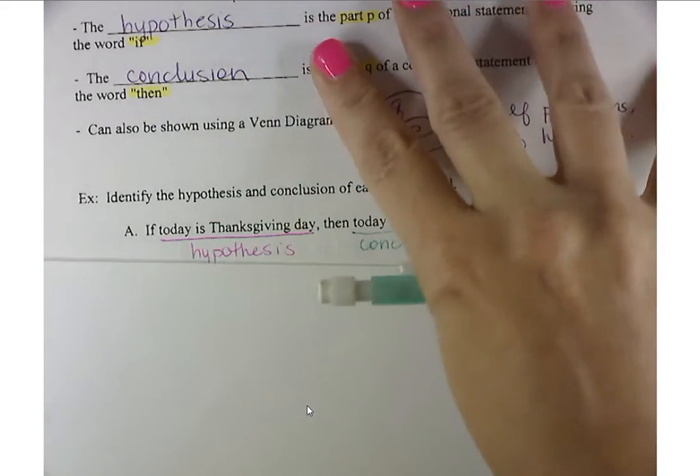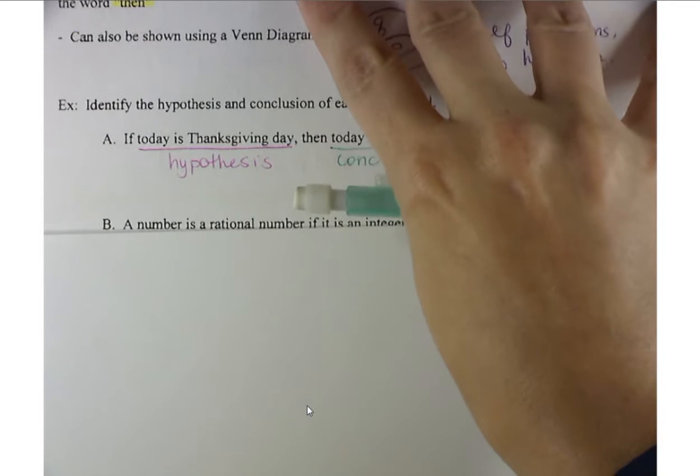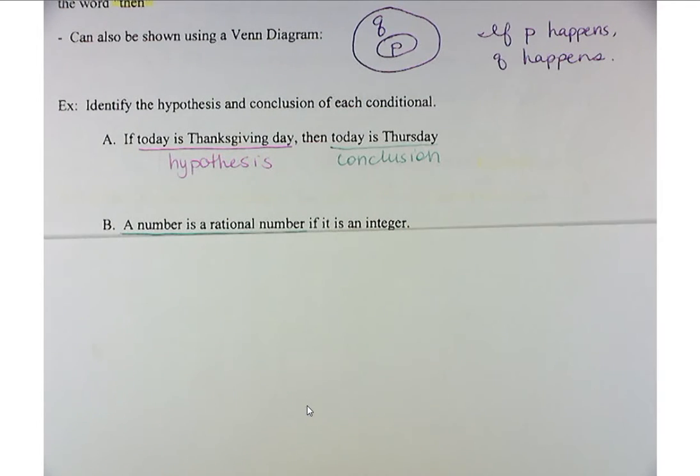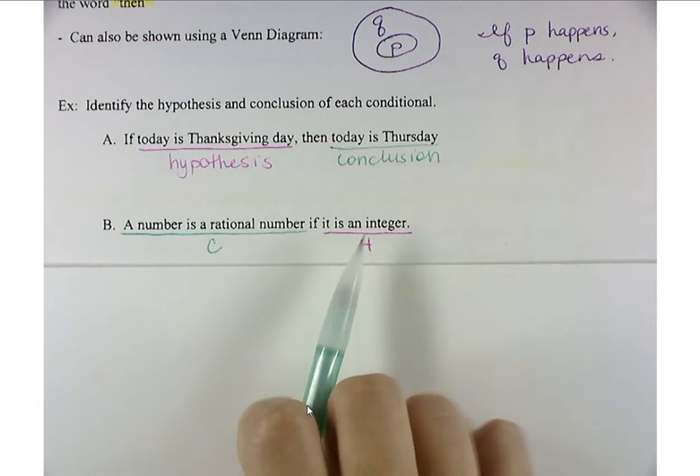All right, now for B, this one's a little bit different. Again, remember that your hypothesis is following the word if. So when you read that statement, see if you can find where if is, because this one's set up a little bit differently. Many times your hypothesis is going to come first. In this one, it actually comes second. So it says if it is an integer.